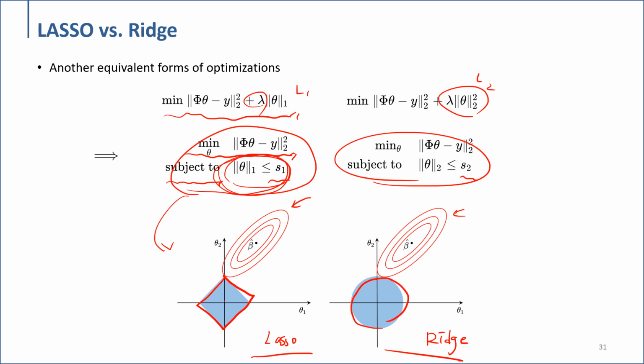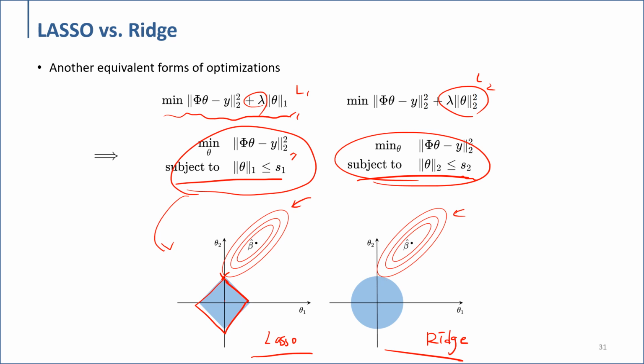So ridge is represented as a circle, and lasso is represented as a diamond. To satisfy these constraints, we need to find the point where the red line meets the diamond or circle.